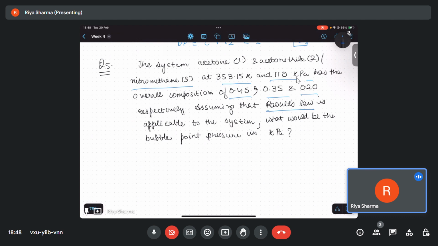What would be the bubble point? Please try solving this. It's an easy question.